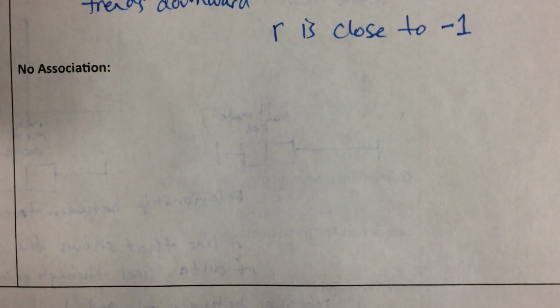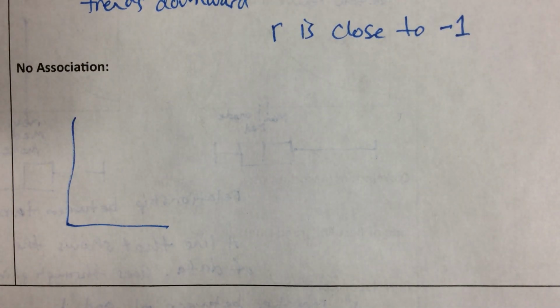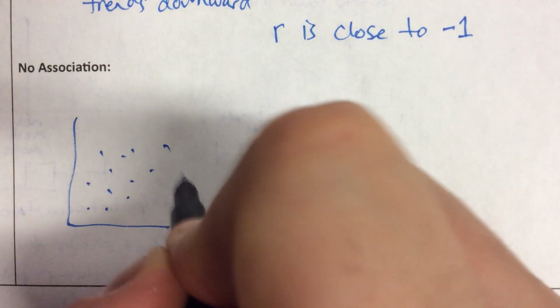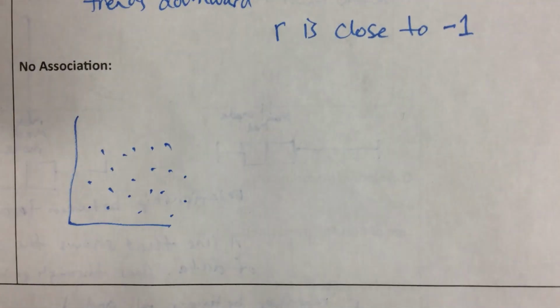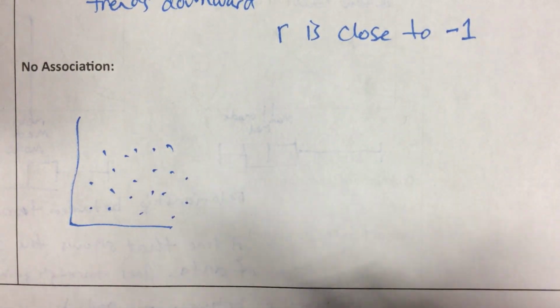All right, last type. If there's no association, you won't be able to tell if it's going up or down, or it might be going up and then back down. The dots are just random, so I don't know where it's going.